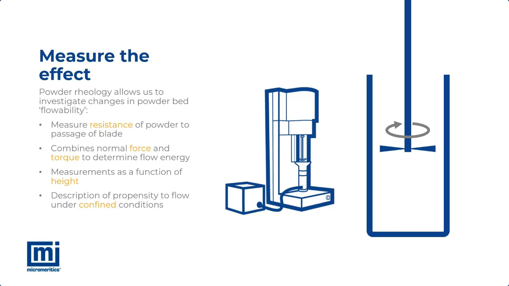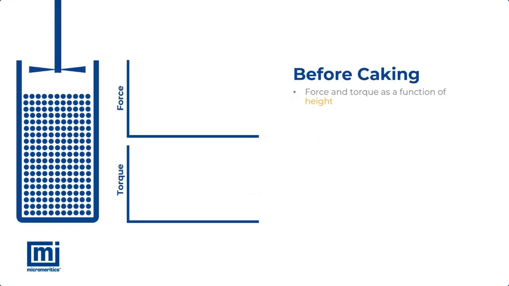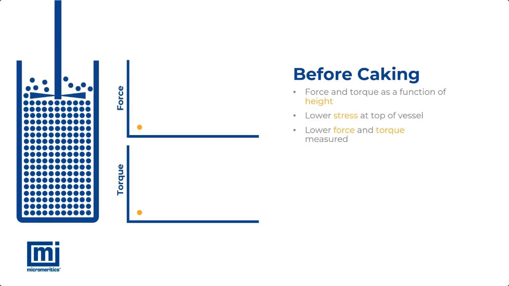As the blade passes through, it measures the resistance of the powder to its passage by detecting both vertical and torque forces imparted by the particles. These are combined as a function of height or depth of powder to produce a flow energy measurement, which gives a description of the powder's propensity to flow under confined conditions.